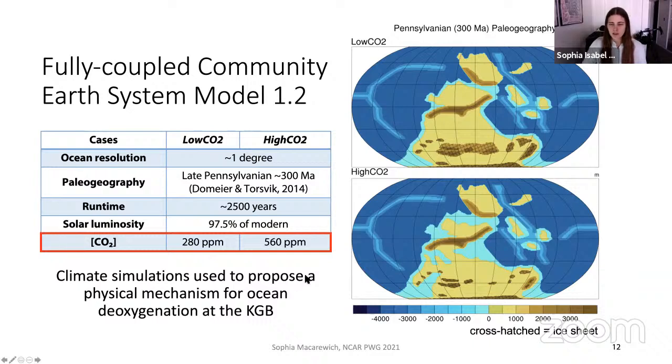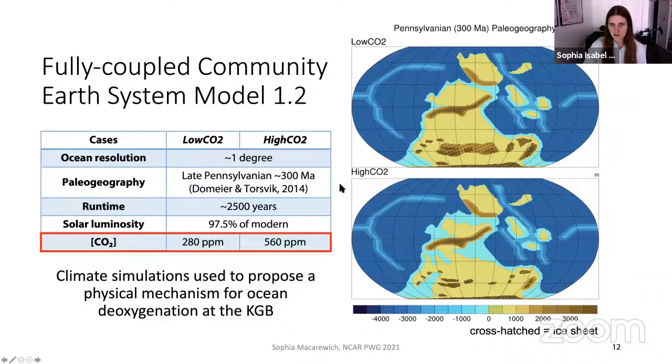The boundary conditions differ with respect to CO2, sea level, and high latitude ice sheets. Essentially the two simulations are a glacial and an interglacial state over the late Pennsylvanian. In the low CO2 case, which has 280 ppm CO2, there's relatively lower sea level and expanded ice sheets, shown here with crosshatched areas.